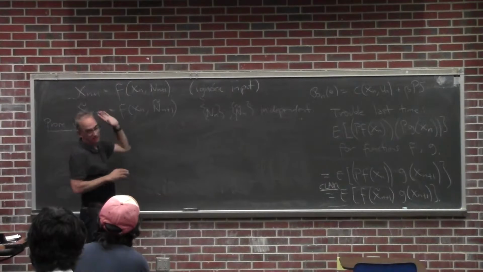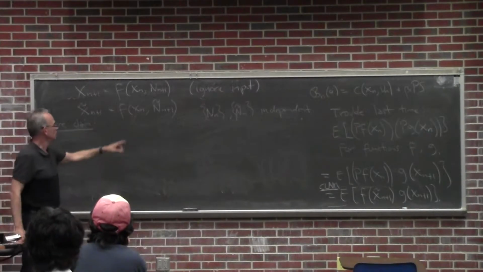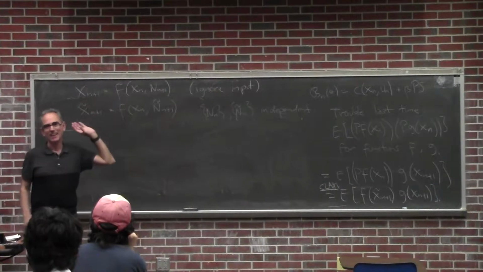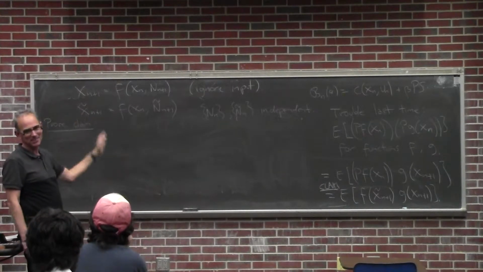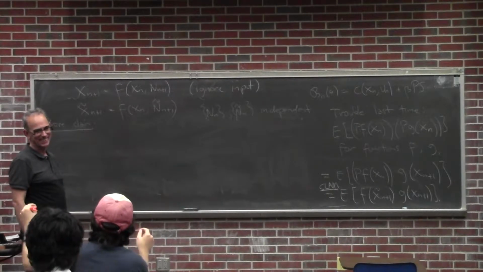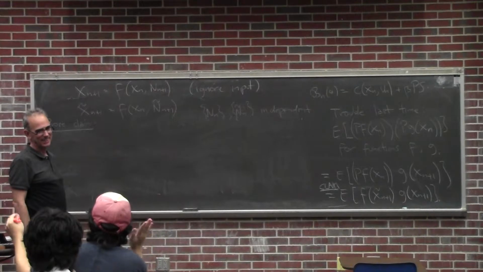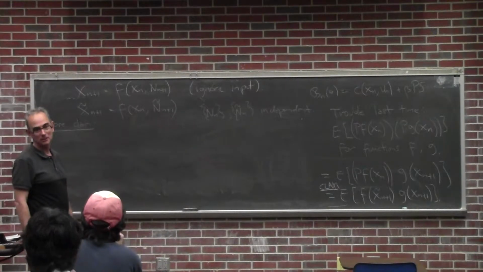You're just calling the random number generator again and getting random spots that aren't necessarily related. You get another possible realization of the next one. If you look at the sequence of all the xn tildes, it'll look like gobbledygook.